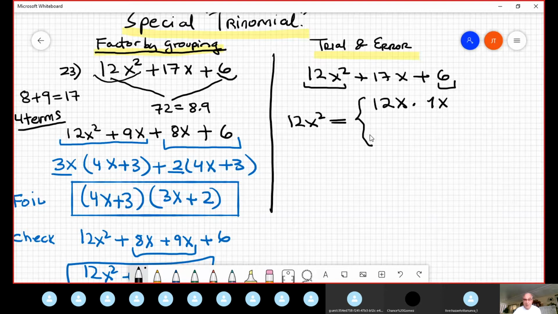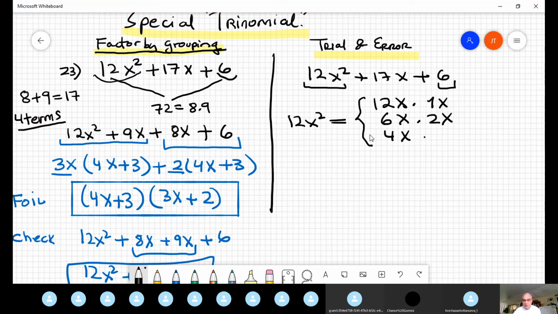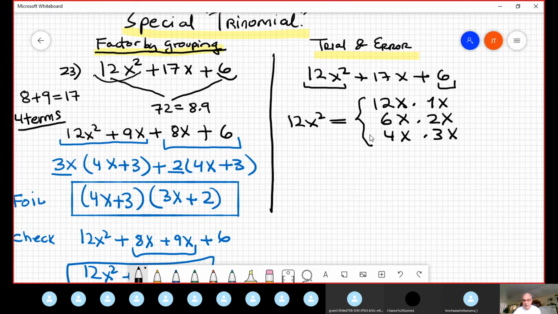Another possible combination is 6x times 2x. And the last combination is 4x times 3x. These are the multiples of 12, and we have x twice, 1x here, 1x here. This is the possibilities for the first term.